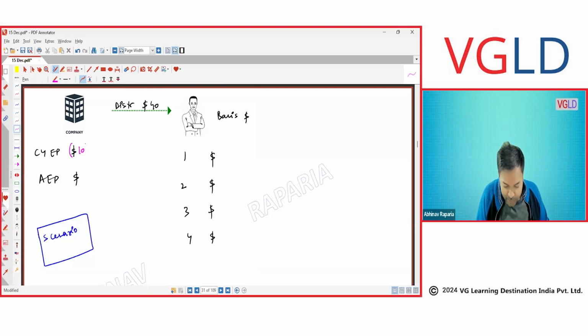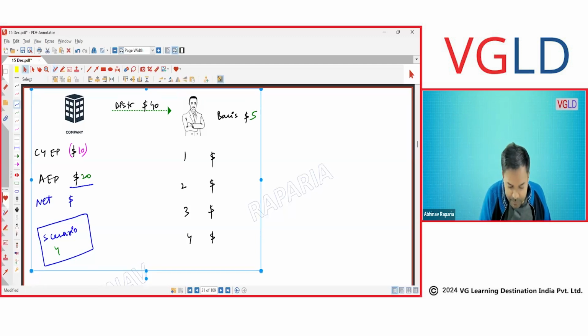That's my scenario number 4. I'll have 2 versions of that. Question, should we net them off here? Yes. Here I will net them off. What is my net value coming, guys, now? Net value is coming 10. Point clear, guys?